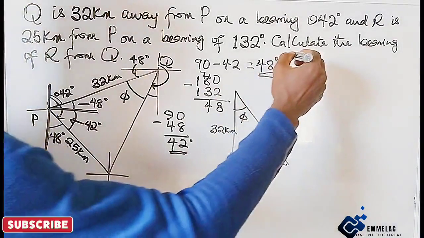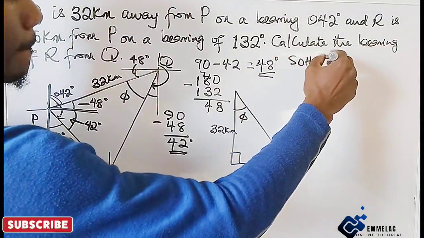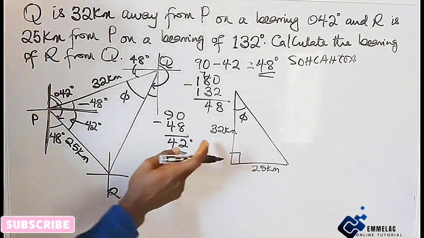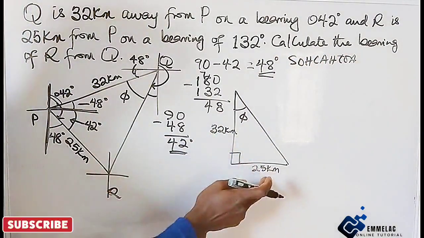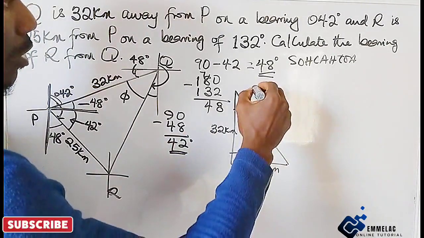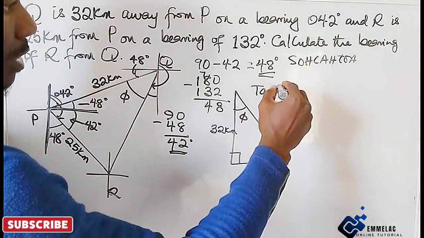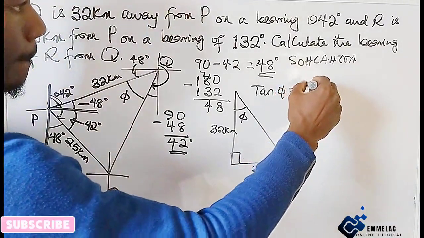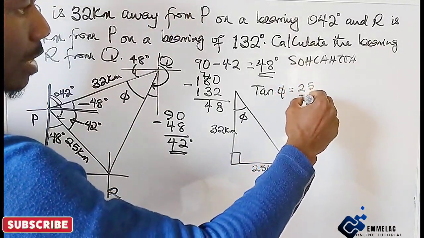Now using SOHCAHTOA, opposite and adjacent will give us tan. So tan theta equals opposite 25 over 32.